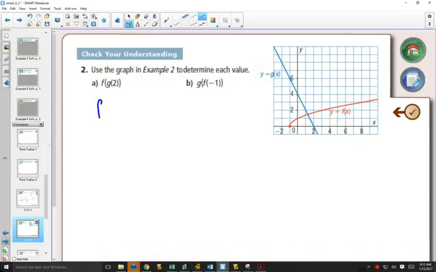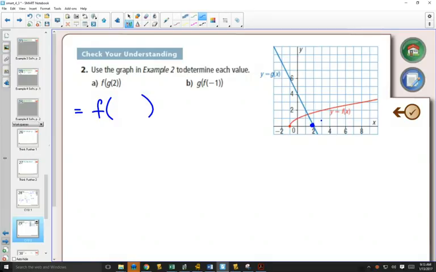So the first thing we're going to do is figure out what g of 2 is. And what g of 2 means is if you look at your function of g of x, and x is 2, what would y be? So our g of x function right now is the blue one. And if you look where x is 2, can you see that this is the point that you have?